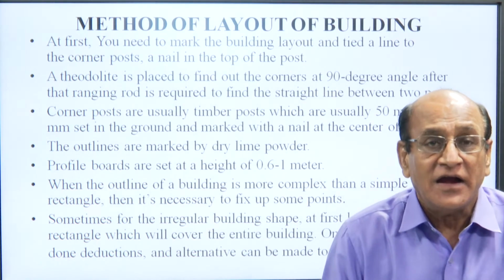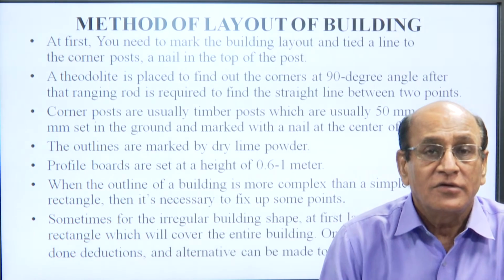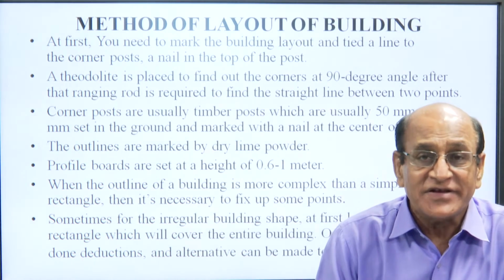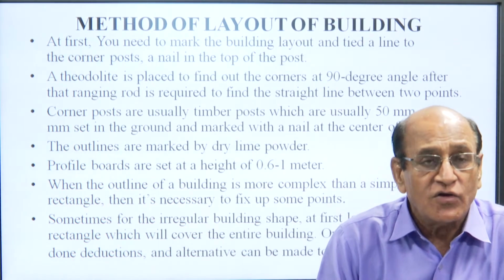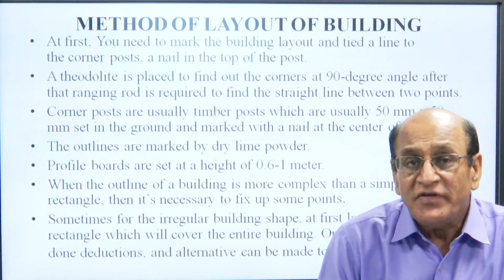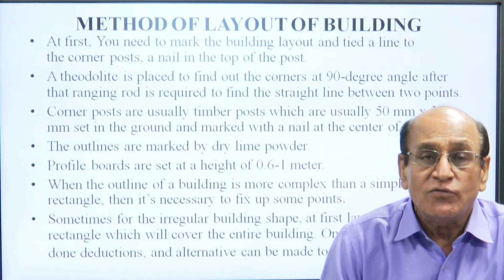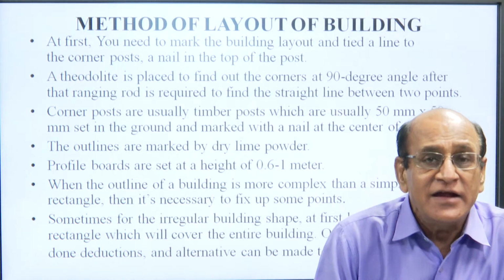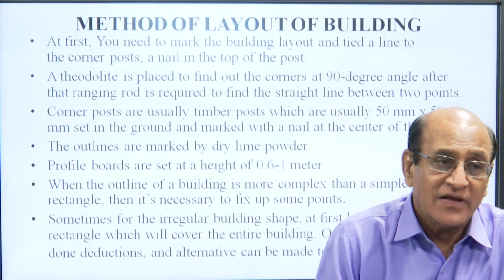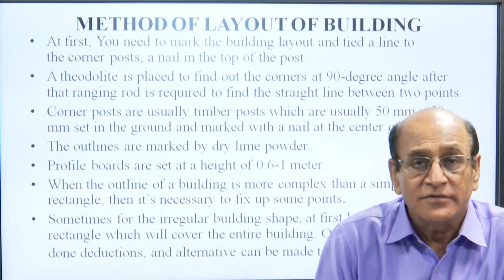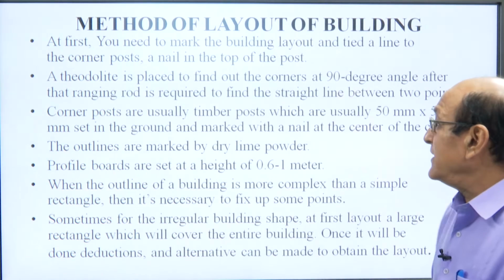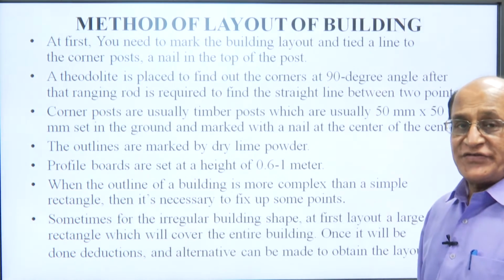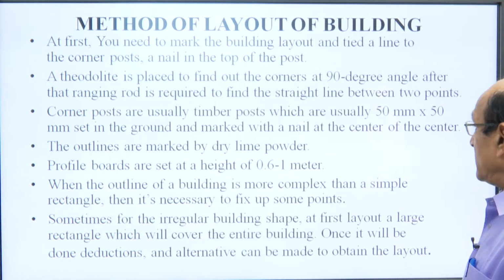It is a difficult task to calculate the 90-degree angles, because all the structures will be placed at corners of 90 degrees. So, we have to calculate the line making 90 degrees from the baseline or the wall line of the building. It could be done by the theodolite, but nowadays total stations are used for that.